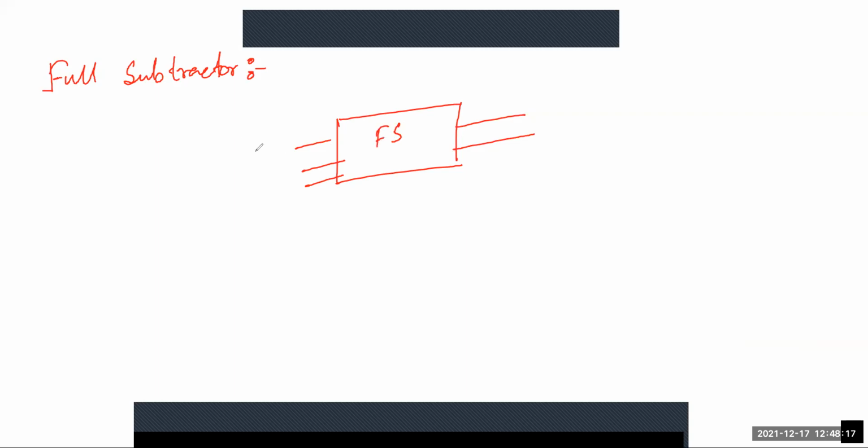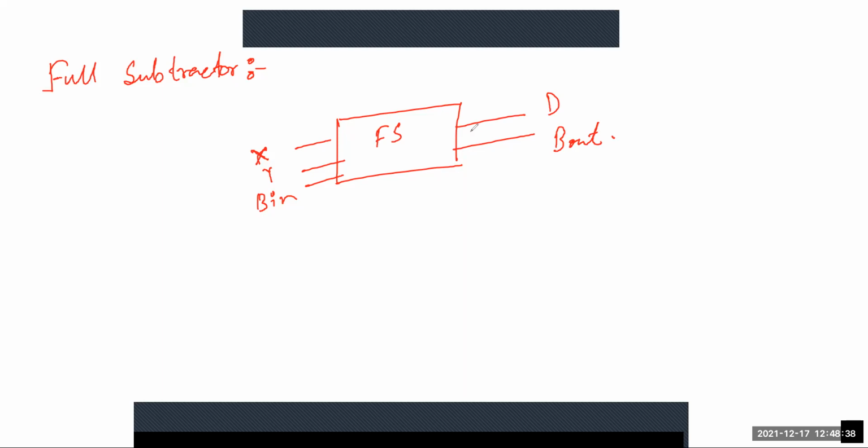So suppose X, Y, and this is the B in, and this is D and B out. Okay, this is the logic symbol of a full subtractor circuit.